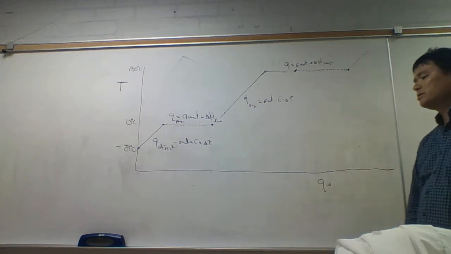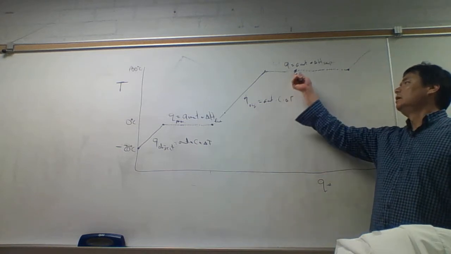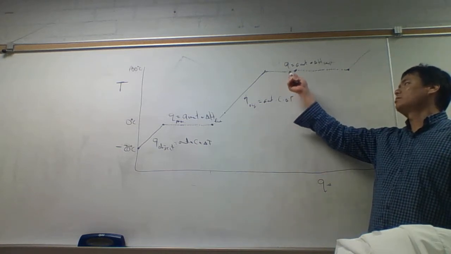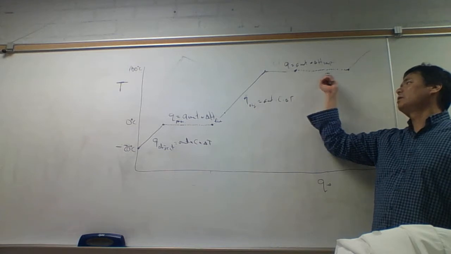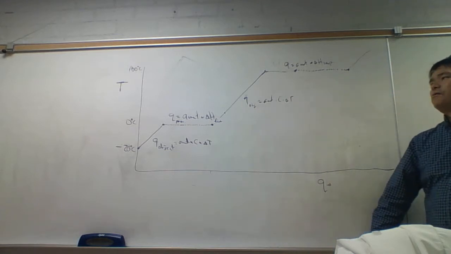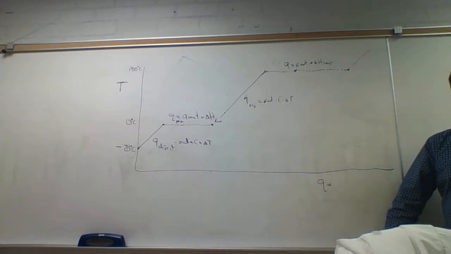What I was saying yesterday is that we were calculating the amount, and if the amount went over 500 grams, then we know that we had more heat than what was required to melt all the ice. Does that answer your question?